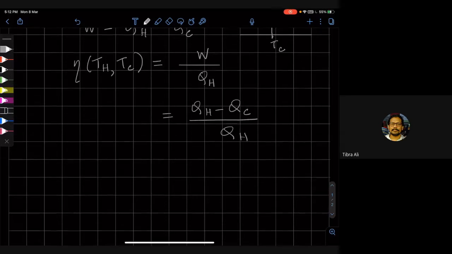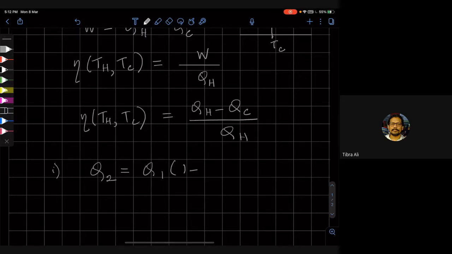So now for our first Carnot engine, we can rewrite this formula. The heat dumped to the lower temperature reservoir is equal to Q1 times 1 minus eta of T1, T2, right?